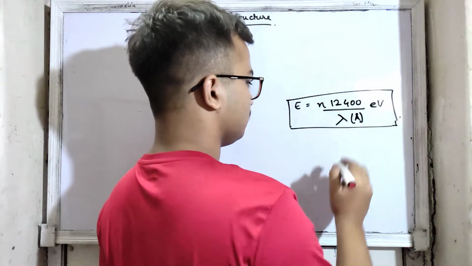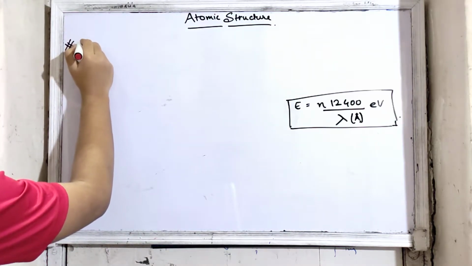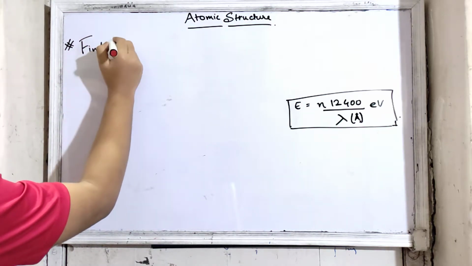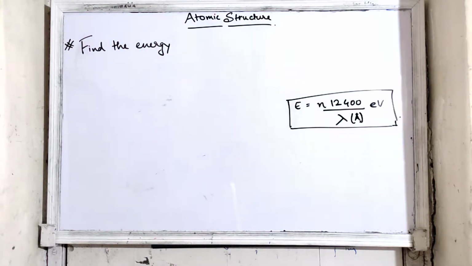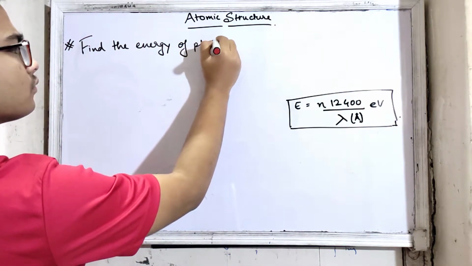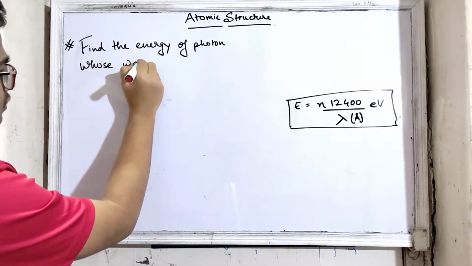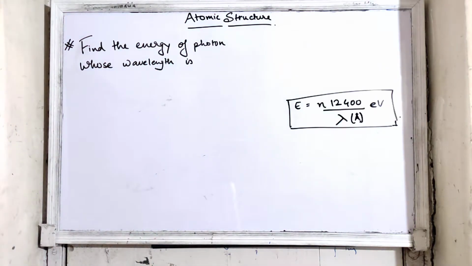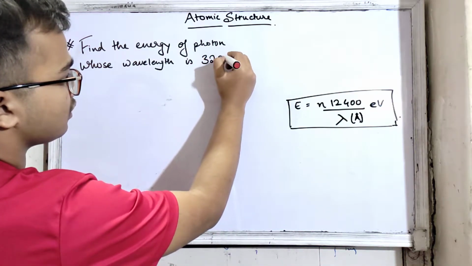Right. Now the question says: find the energy of photon whose wavelength is 320 nanometer.